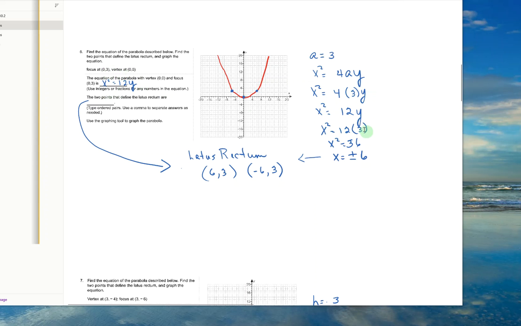And then we substitute the 3 in there. x squared equals 12 times 3. x squared is 36, so x is plus or minus 6. And your two latus rectum points are here, (6, 3) and (-6, 3). So that's the same kind of thing, only with the y-axis being your axis of symmetry.